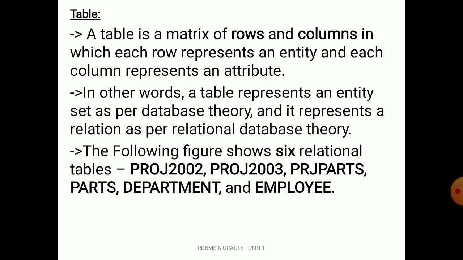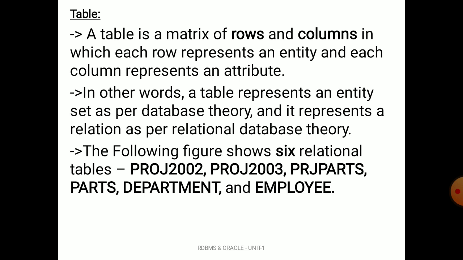Next, what is a table? A table is a matrix of rows and columns in which each row represents an entity and each column represents an attribute. In a table, a row is represented as an entity and a column is represented as an attribute. In other words, a table represents an entity set as per database theory, and it represents a relation as per relational database theory.